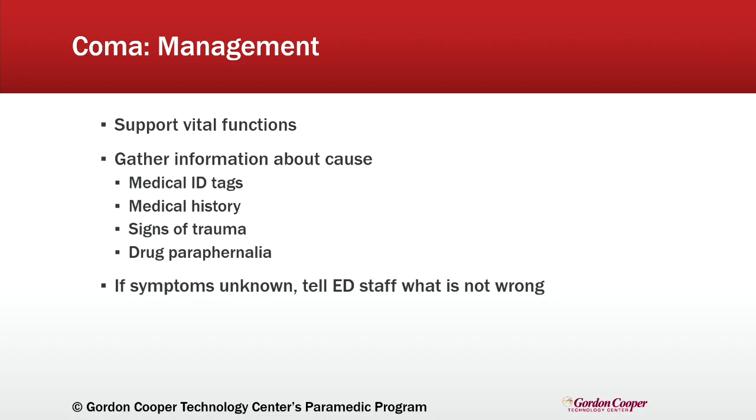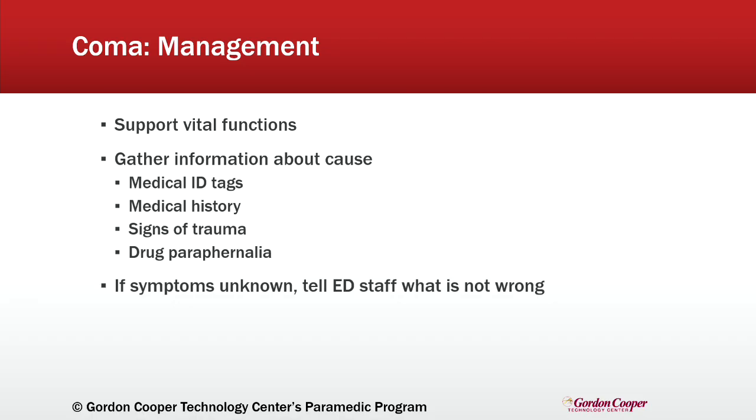Now, you want to ensure that the vital functions are maintained. This includes monitoring and supporting breathing, circulation, and other critical needs, and collecting as much information as possible about the potential causes of the altered LOC or coma. This is critical for effective treatment. Continue your investigation into the underlying causes by checking for medical alert tags, looking through their medical history, getting with family or caregivers to find out more about them, and looking for signs of trauma and any kind of physical injuries.